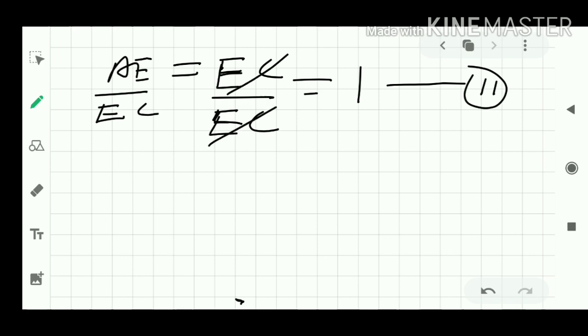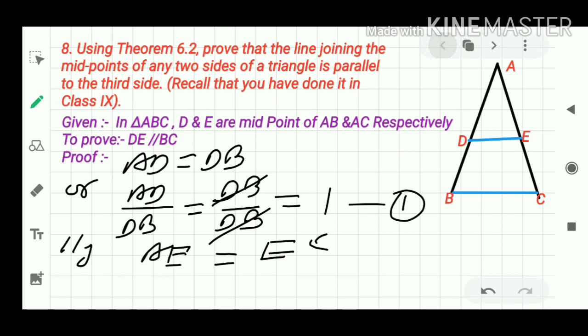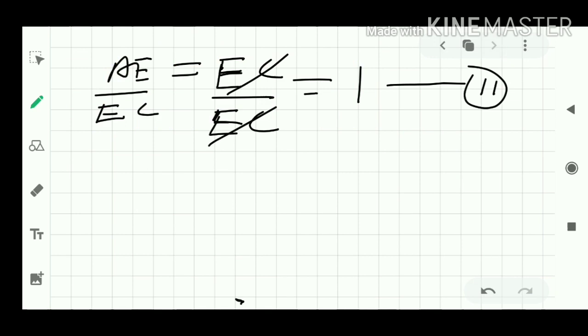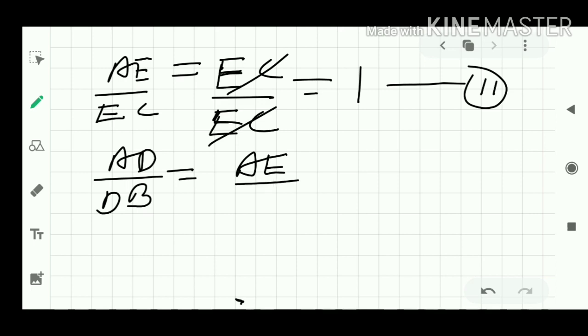So from equation 1 and 2, equation 1 AD by DB equal to 1, and in equation 2 it is also AE by EC equal to 1. So RHS are equal, therefore LHS must be equal. So we can write AD by DB equal to AE by EC.